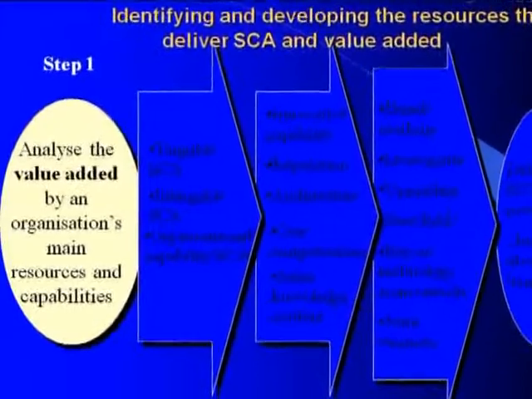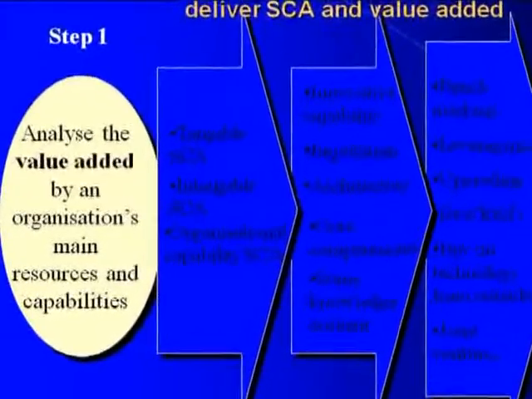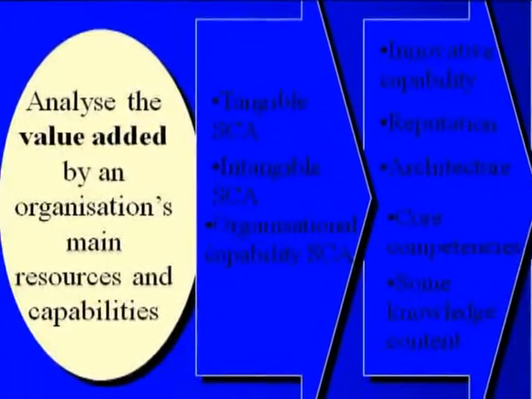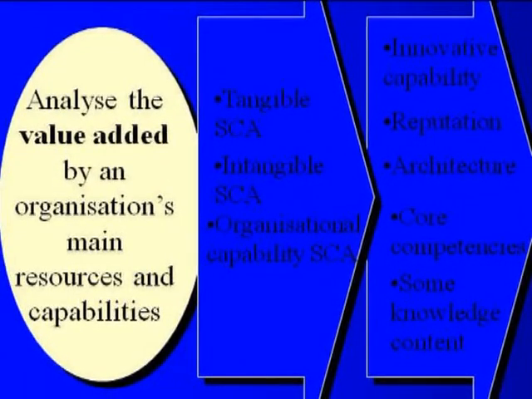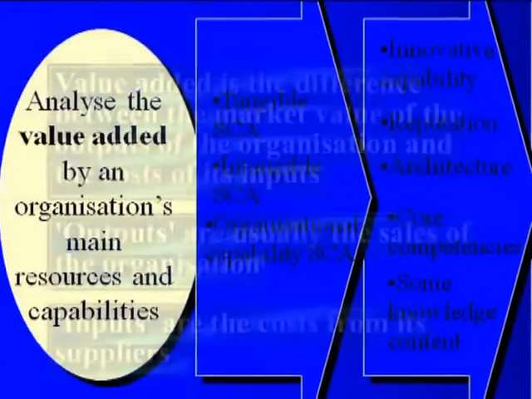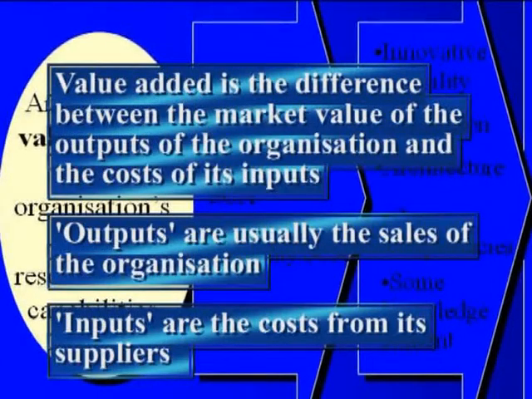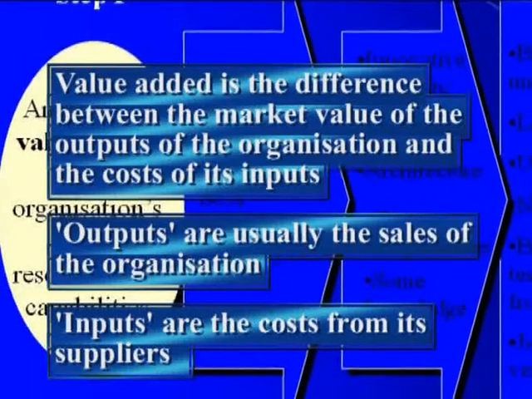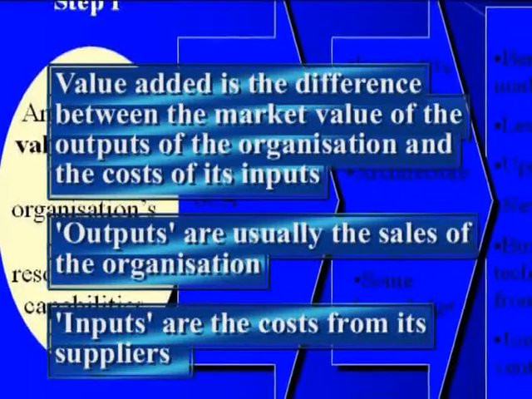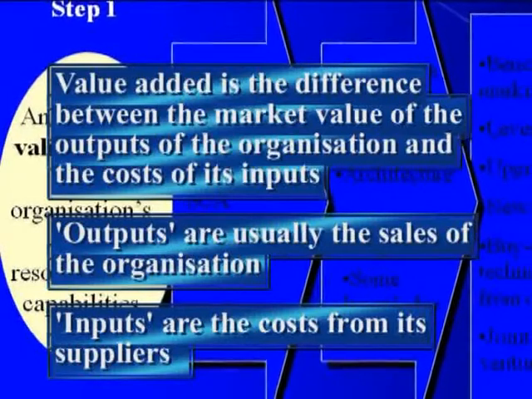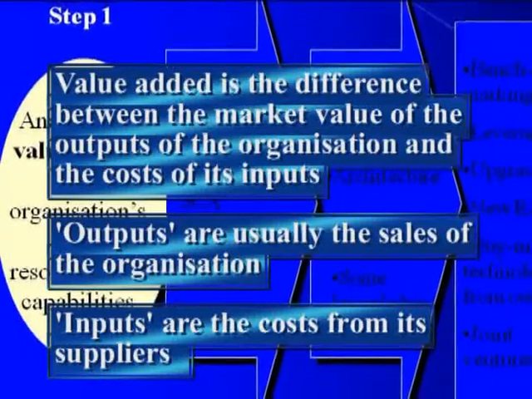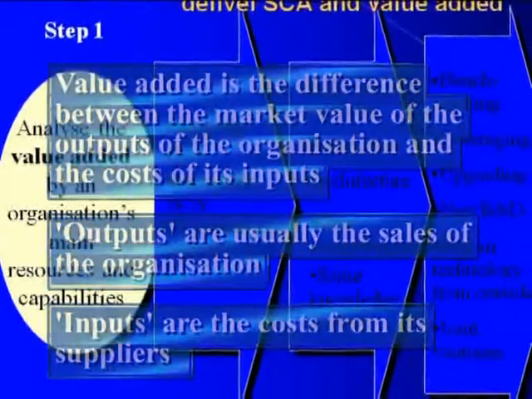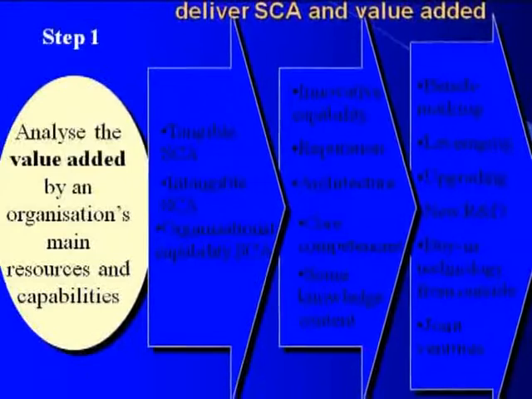Essentially, all these resources add value to the organisation. They do this by taking the inputs from suppliers and transforming them into finished goods and services. Value added is the difference between the market value of the outputs of an organisation and the costs of its inputs. It's possible to calculate this accurately for an overall company, but very difficult to do this for individual parts of the company.